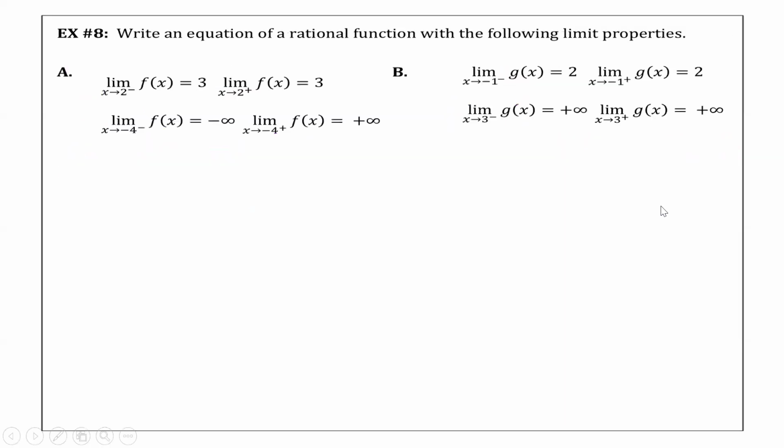I did get here to just go over limits, how to read limits to know what you're looking for. So the first thing it says is the limit as x goes to 2 from the left is going towards 3. The limit as x goes to 2 from the right is also going towards 3. So what does that tell me about this function?